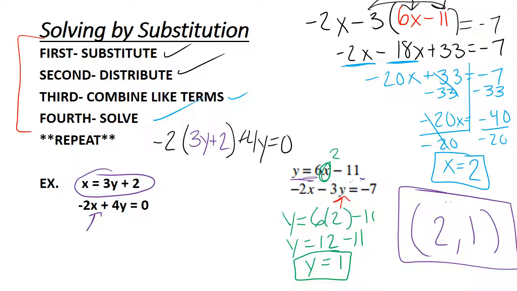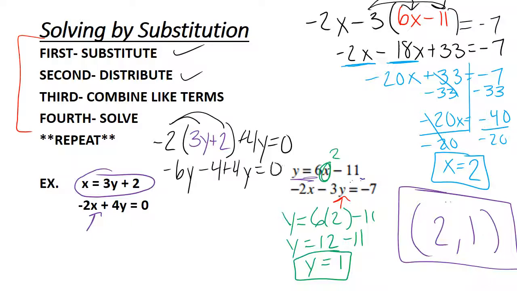So that was step 1, substitute. Check. Step 2, distribute. So I've got negative 6y minus 4 plus 4y equals 0.